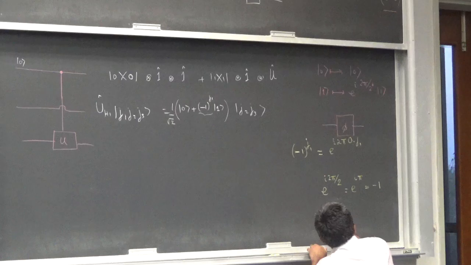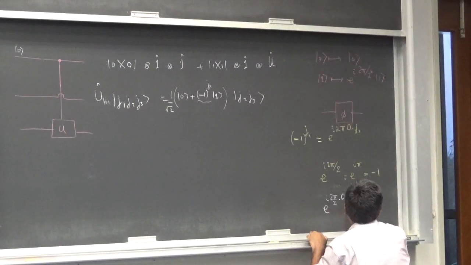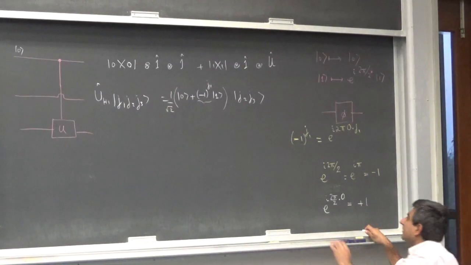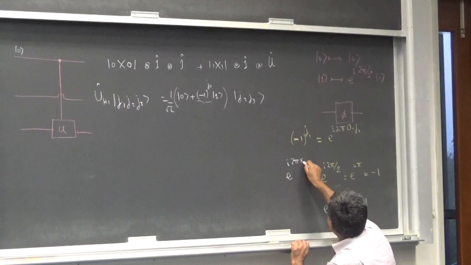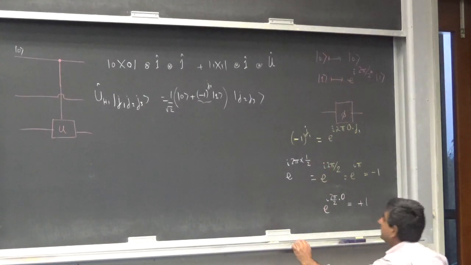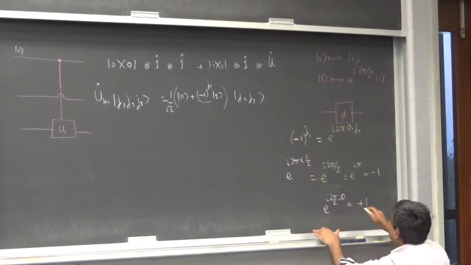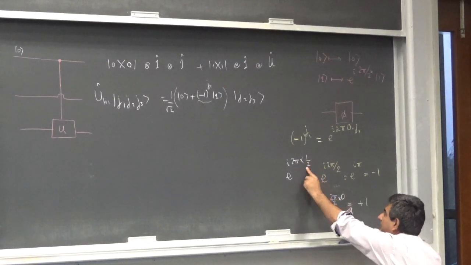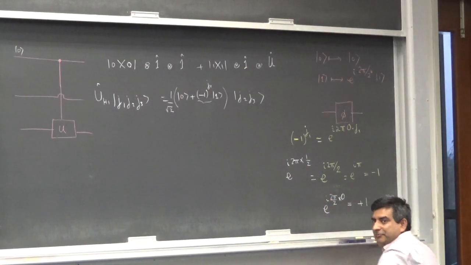And I also know that e to the i 2 pi over 2 multiplied with 0 is plus 1, right? So this is e to the i 2 pi multiplied by 1 over 2, and this is e to the i 2 pi into 0 over 2. So this is number 1 divided by 2, this is number 0 divided by 2.